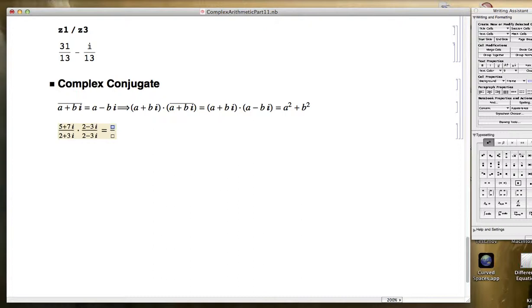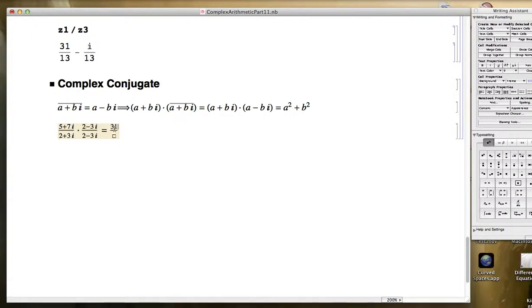First of all, in the numerator, FOIL it out. 5 times 2 is 10. 7 times negative 3 is negative 21, but you get an i squared to give you positive 21. You're going to get 10 plus 21, or positive 31, for the real part. If you didn't follow that, go ahead and check it on your own. For the imaginary part, you're going to get 5 times 3i with a minus, negative 15i, and 7i times 2 is positive 14i.